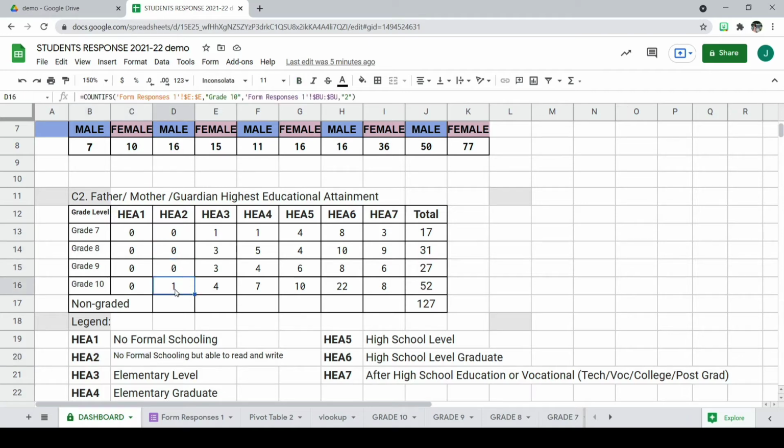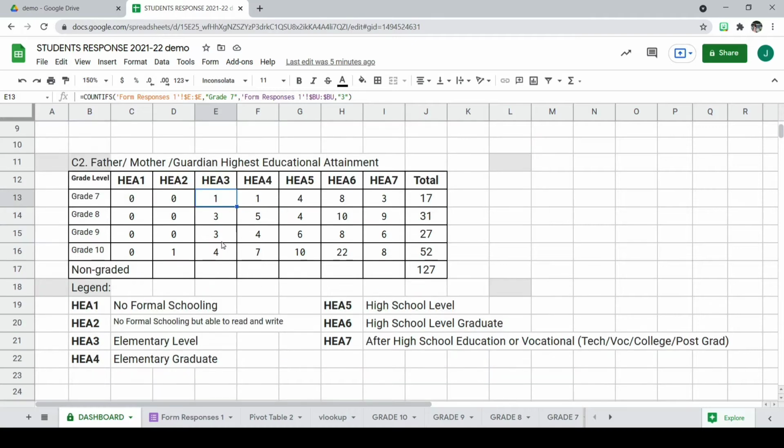Tapos 3 kung ang iyang mama, papa or guardian elementary level. Tapos 4 refers to elementary graduate. Tapos 5 refers to high school level. Dayon 6 refers to high school level graduate. And then lastly is 7, that's after high school. So automatic na siya og total.